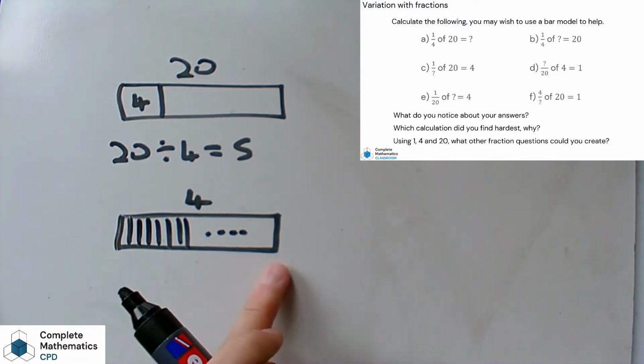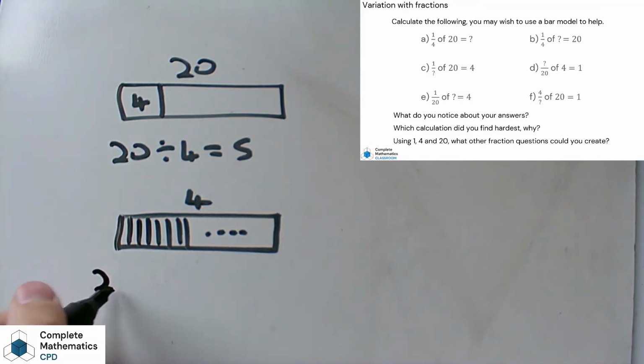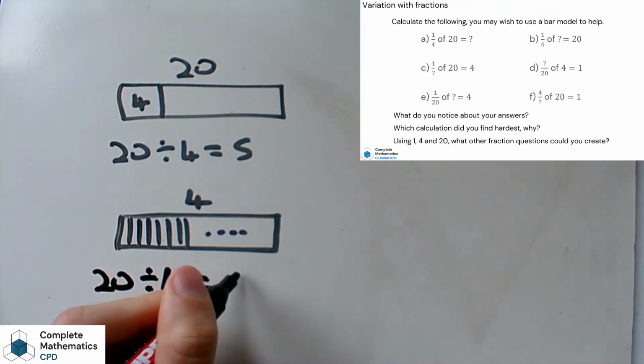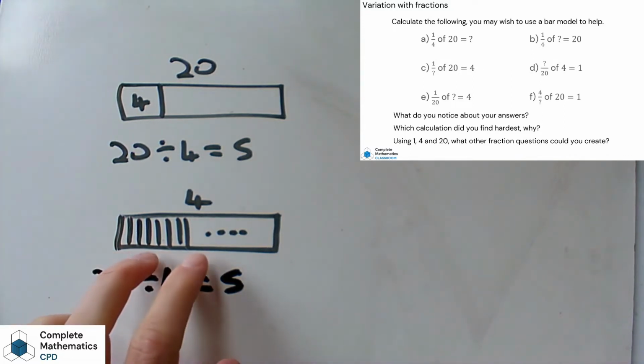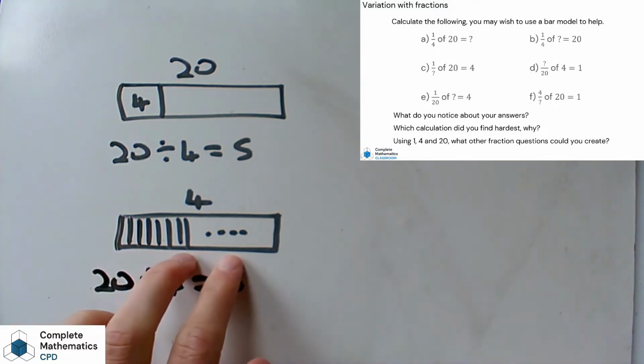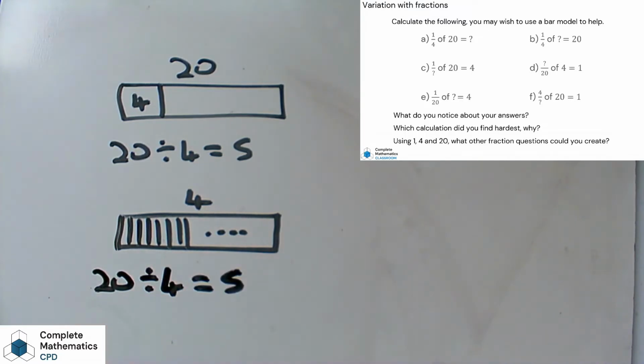Well, if the whole length's 4, and we want to know how many of them make up 1, hopefully you can see that lends itself to the calculation 20 divided by 4, which is 5 of these equal parts must have a value of 1. Because if 5 parts are worth 1, 10 parts would be worth 2, 15 parts would be worth 3, and the 20 parts would be worth 4.